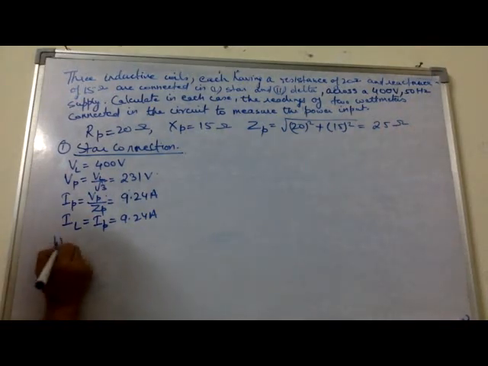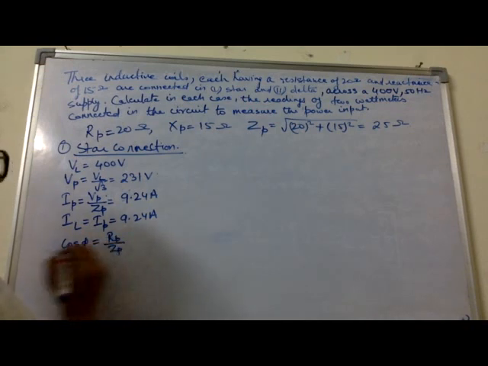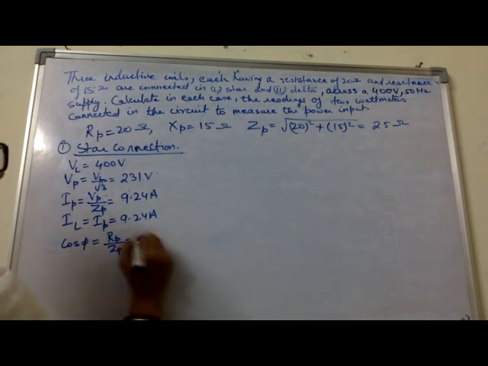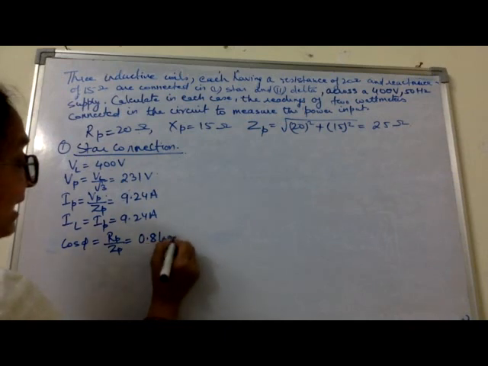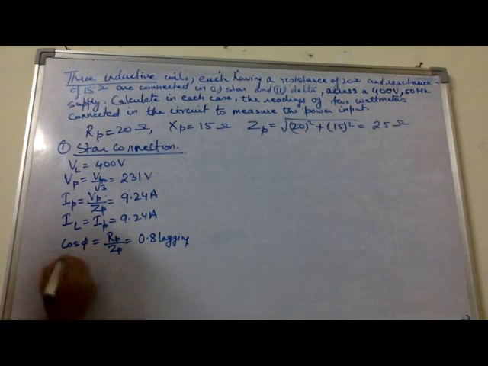Now the individual wattmeter readings. Before going to individual wattmeter readings, we'll first calculate the power factor, that is equal to the resistance per phase divided by the impedance per phase, that is 20 divided by 25, which comes out to be 0.8 lagging, because it is given that it is the inductive coils.